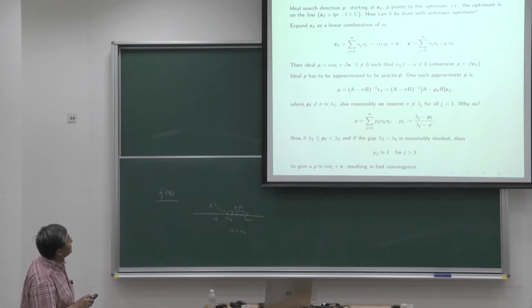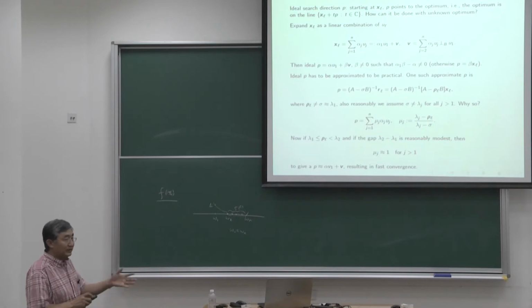They take the residual, and then you take a shift, so-called sigma, A minus sigma B inverse times the residual, which we rewrite with the residual as A minus rho_l B. So p is the inverse times that matrix times x_l, and usually this rho_l is not equal to sigma, and sigma is usually close to lambda 1.